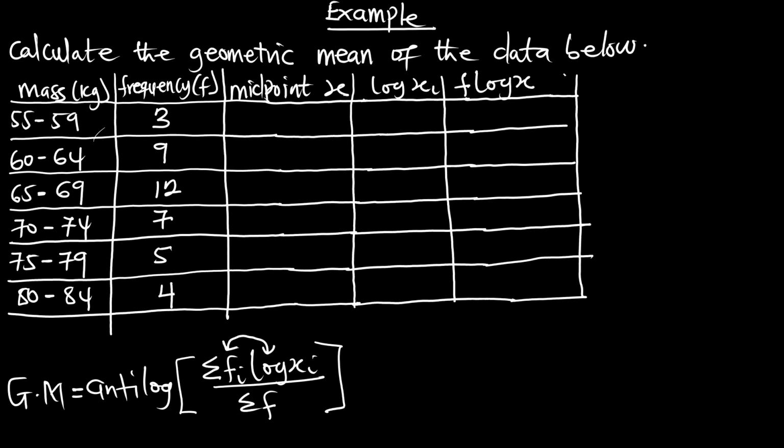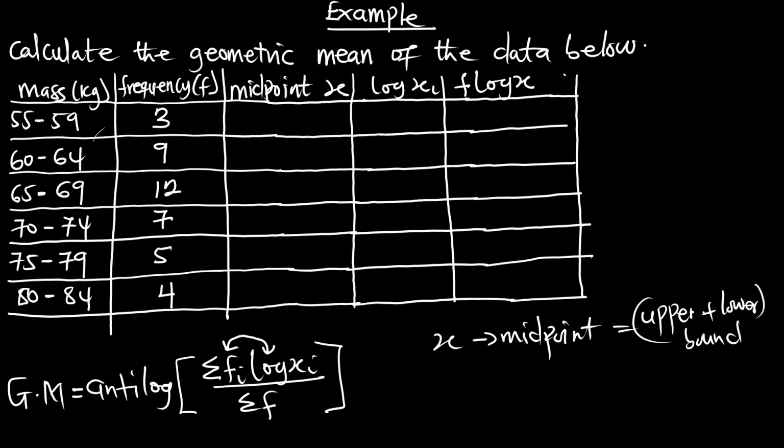So straight away, what is the midpoint of 55? We know that x, which is the midpoint, is going to be the upper boundary plus the lower boundary, everything over 2.